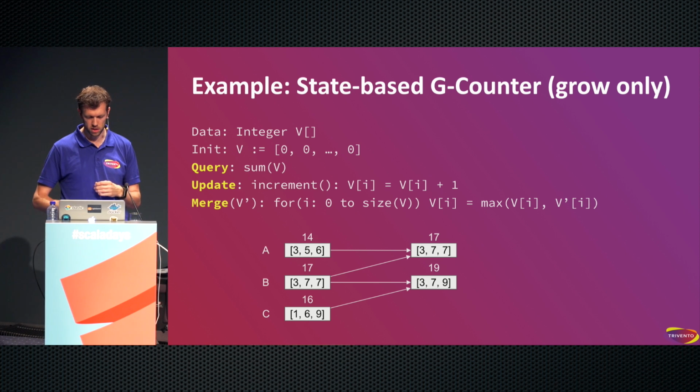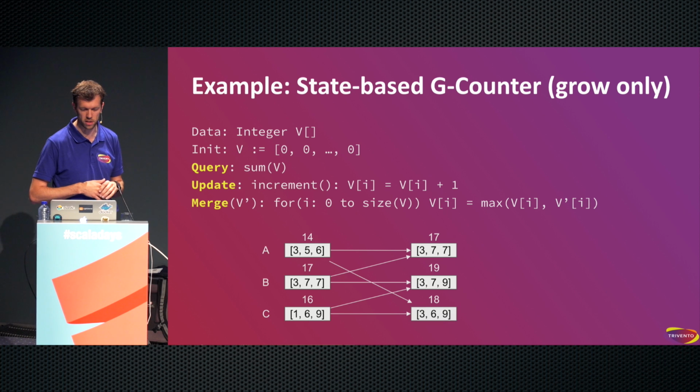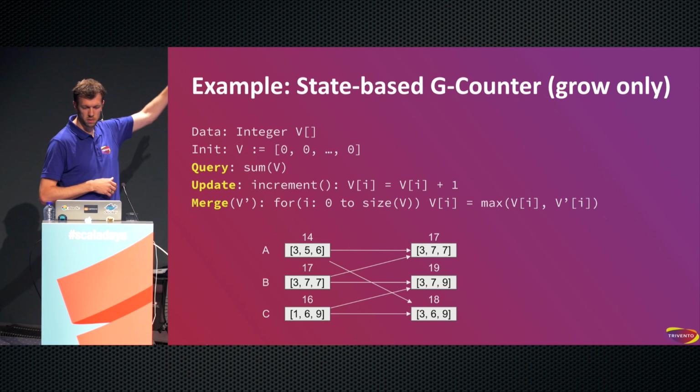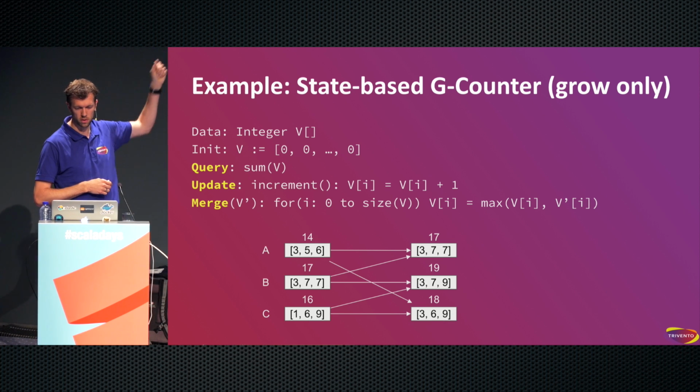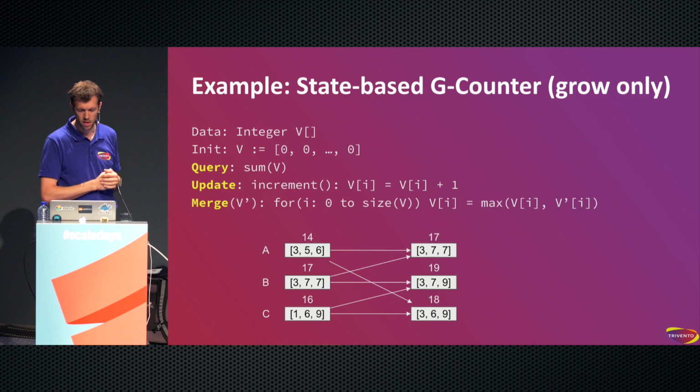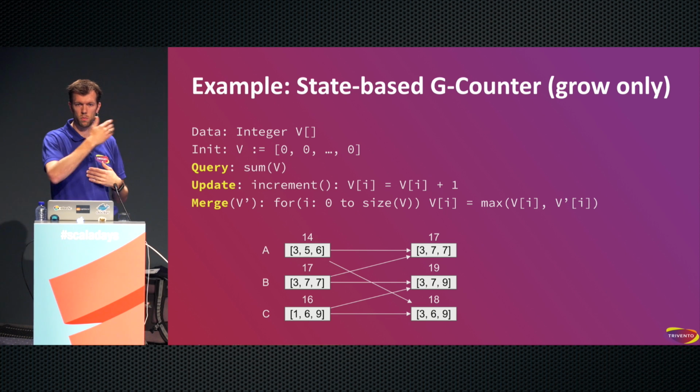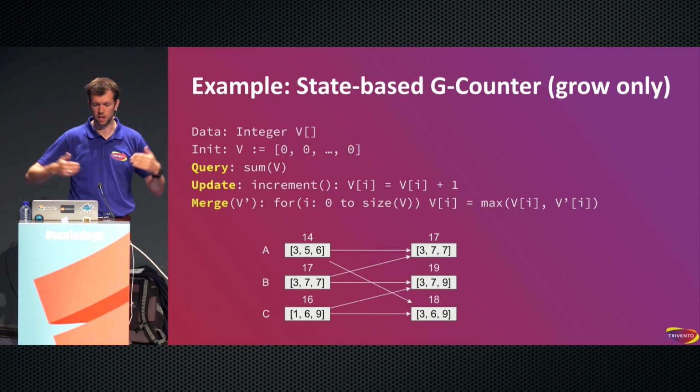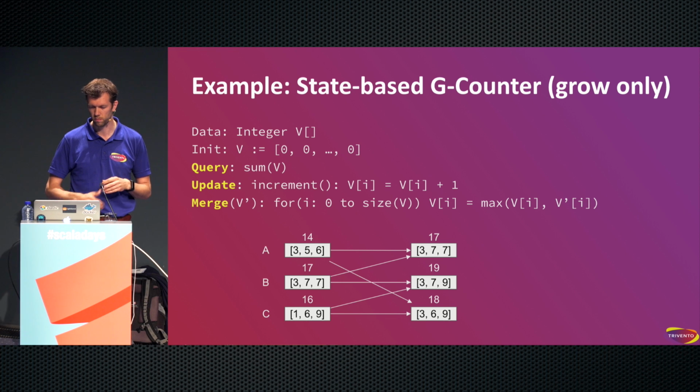If we continue this example, and A sends its information to node C, we see that it works the same way, maxing every number. And even after one step of giving each other information, we're still out of sync.